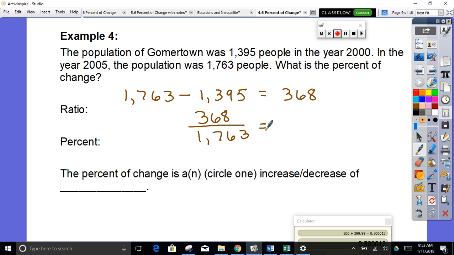Oh, wait a second. You put this over 1,763. Is this your starting amount? What comes first? The year 2000 or the year 2005? The year 2000 comes first, right? So the number that you should put under here is the other one.